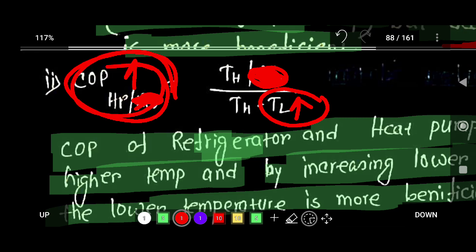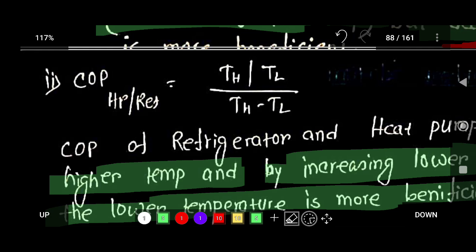And in the same way, if this is a refrigerator, the COP of a refrigerator is basically TL upon TH minus TL, and if you want to increase the COP, if this TL increases, then COP also increases.